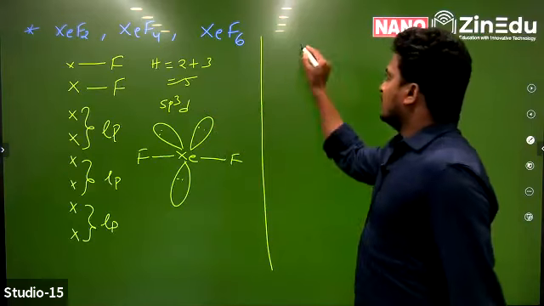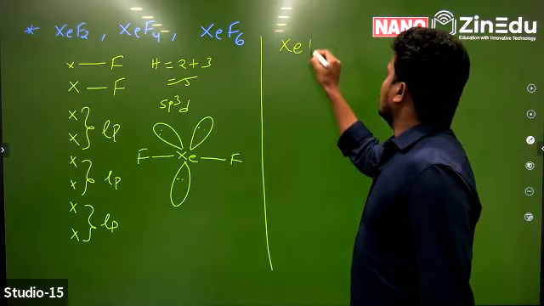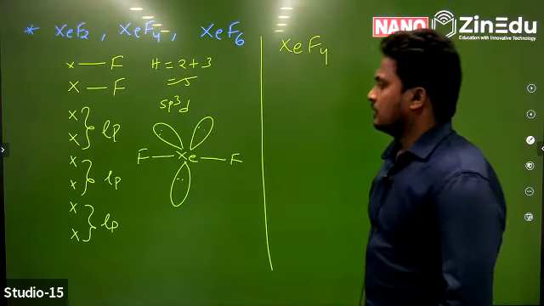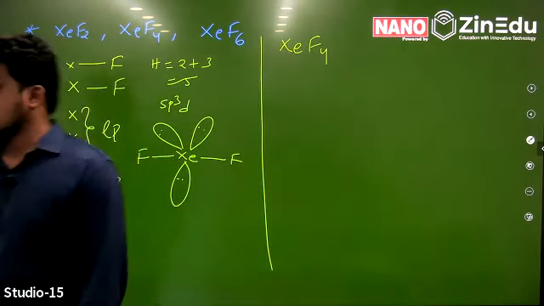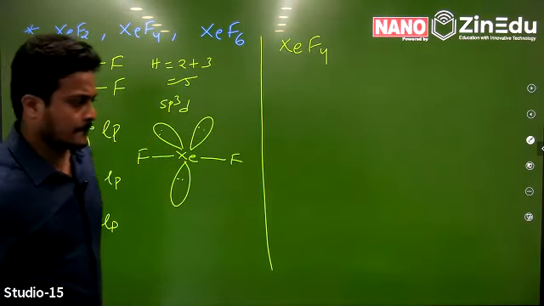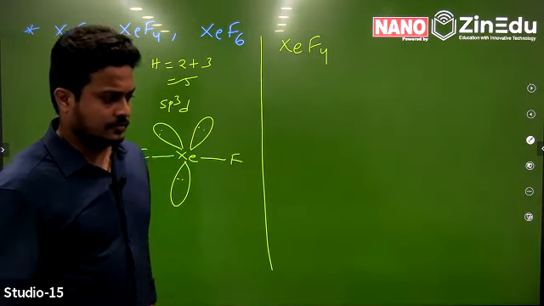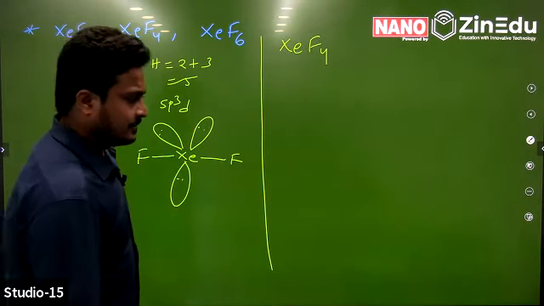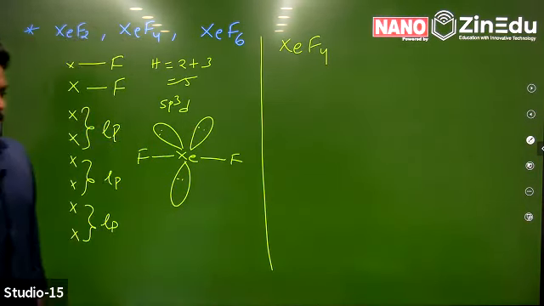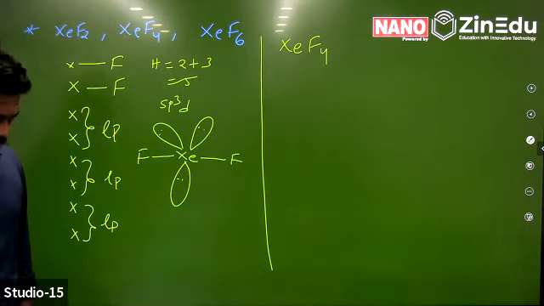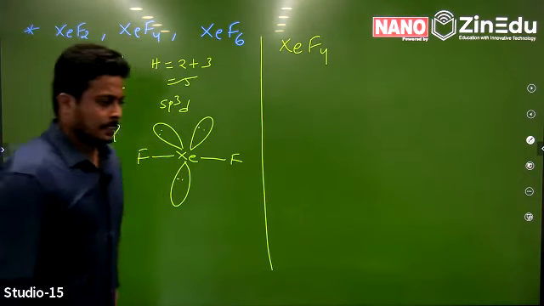Now tell me the shape and hybridization of xenon tetrafluoride, XeF4. Do it fast. Two lone pairs.